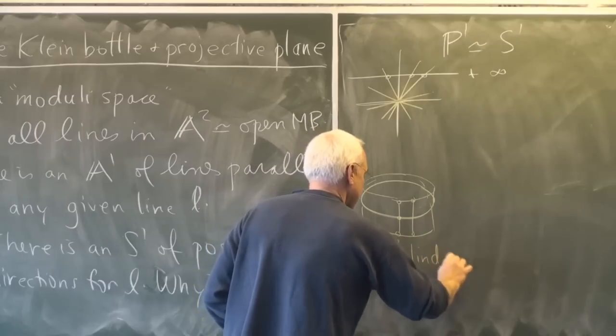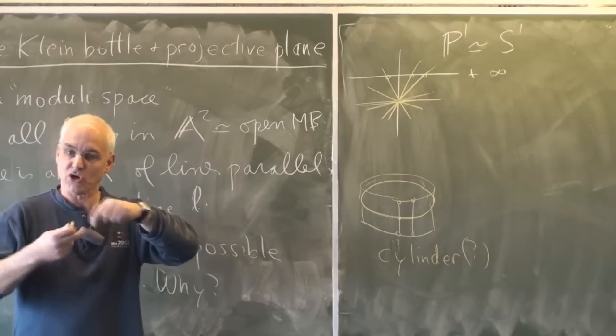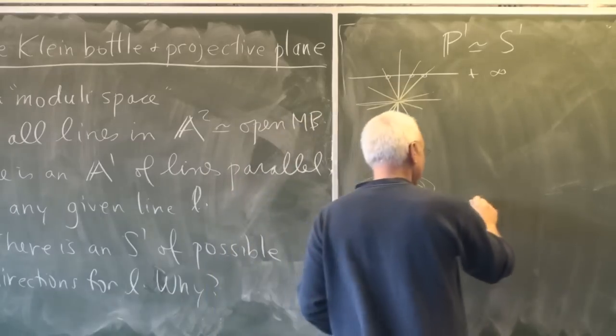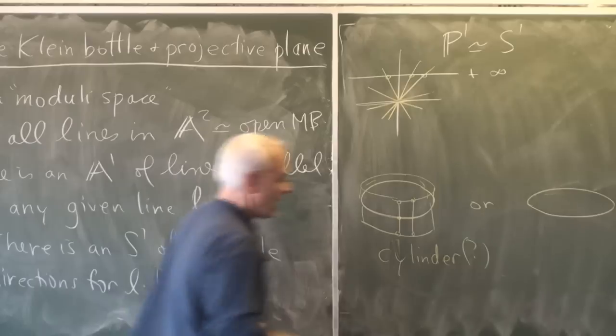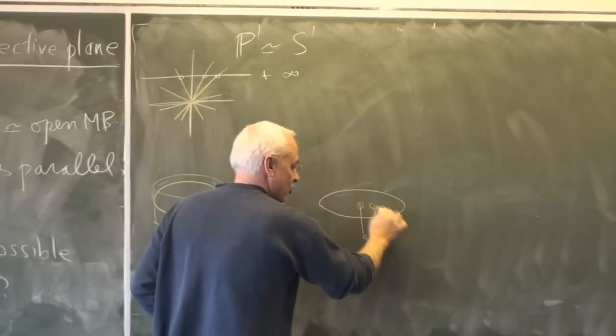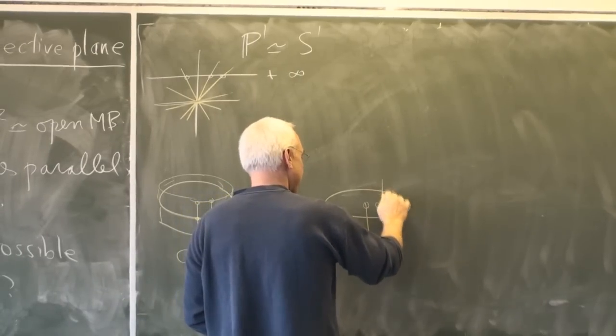That's not necessarily the answer, but that's at least a possible way of combining a circle of lines together to form an object. Or another way of doing it is to take our base circle and to have our interval go around, but with a twist.